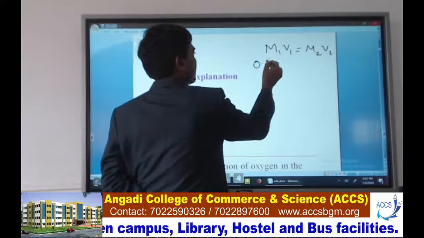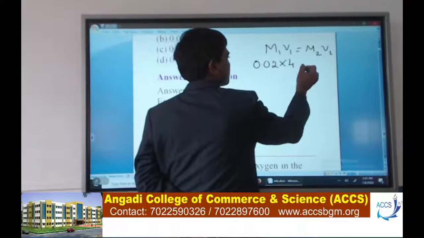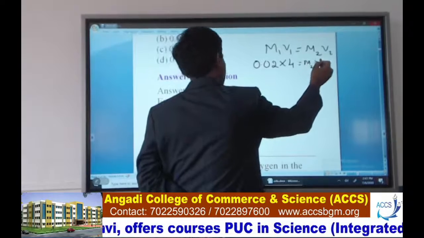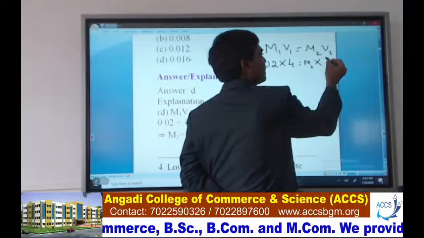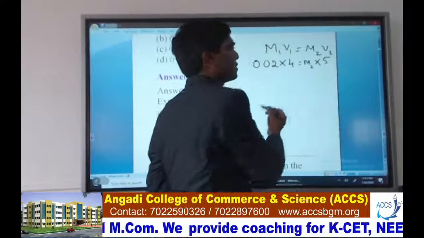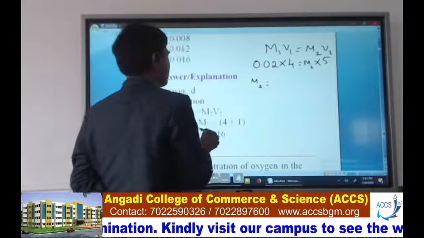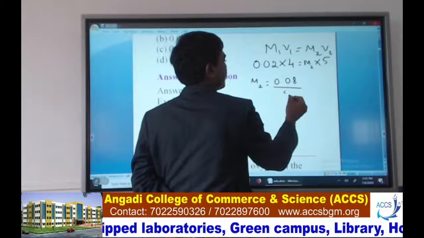He has given m1 is equal to 0.02, and we told 4 liters, that is V1 is equal to 4. We have to calculate m2, and volume he has told after adding 1 liter. 1 liter means what? It becomes 5. Just calculate that m2 is equal to, how to do that? That is multiply this by this, 0.08 divided by 5.